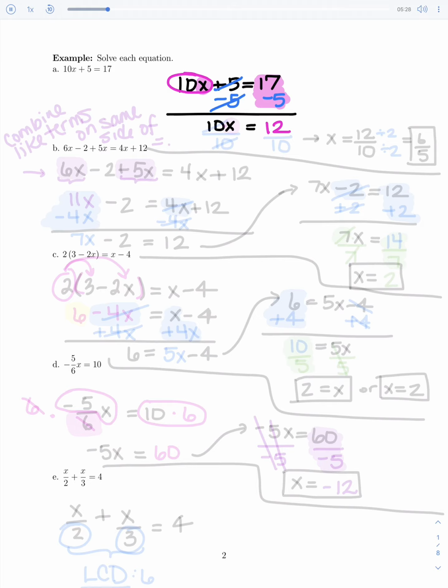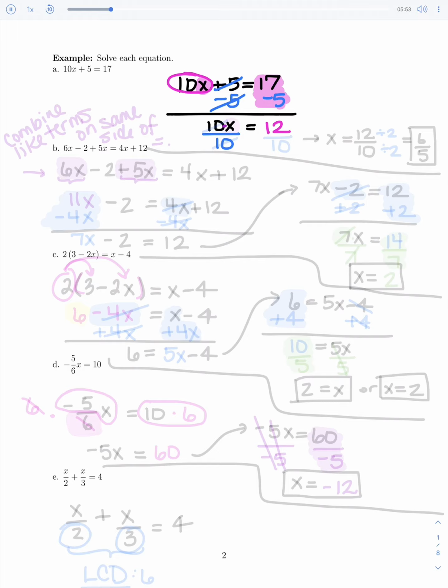Well, you don't see anything, but there's a hidden multiplication symbol. So, how do you get rid of or do the opposite of what we have here? Well, we have multiplication. So if I want to get rid of multiplication, I'm going to get rid of it by dividing. Dividing by what? Well, we're multiplying by 10. I want to get rid of the 10, so I'm going to divide by 10.